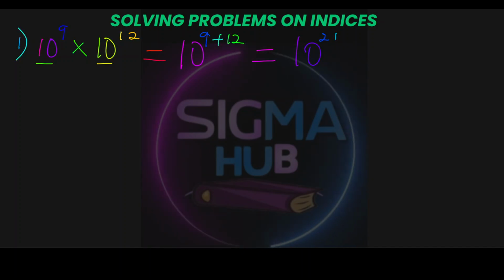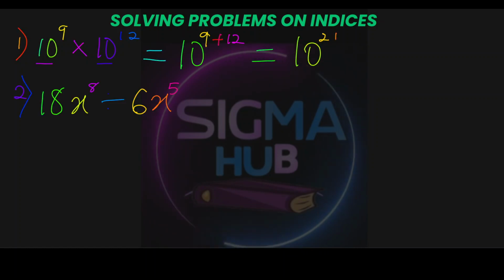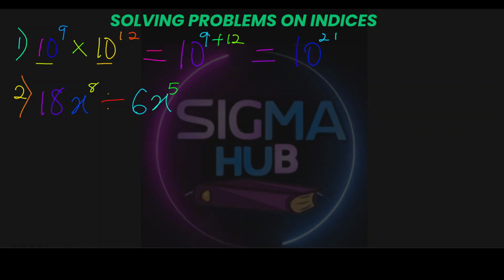Now let's quickly look into the second exercise. So the question says 18x raised to the power of 8 divided by 6x raised to the power of 5. So in a situation like this, it's easy to see that it's going to be 18 divided by 6, because these are the two numbers that we have there.